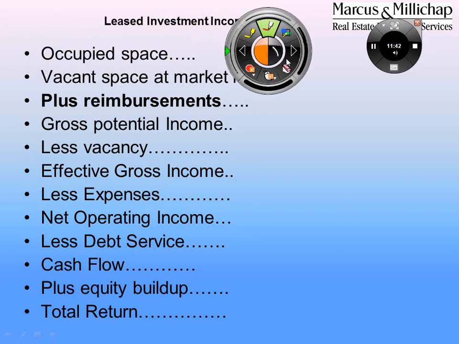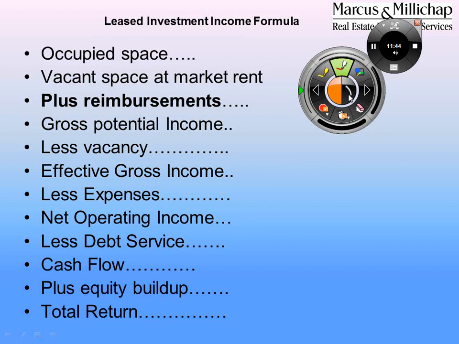The way the income side of the income formula is laid out, we first put occupied space and what the rent is there, and then we put in the vacant space at market rent, and we add to that the annual reimbursements for all of the tenants in the shopping center to get our gross potential income in the property.